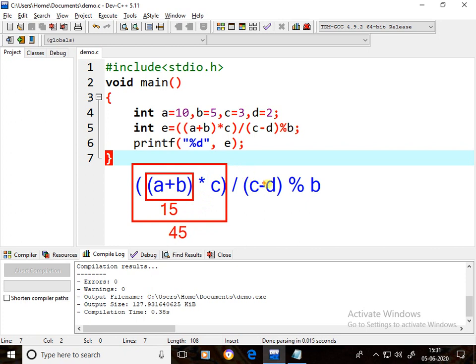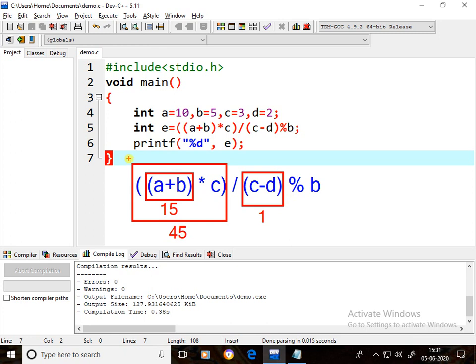Next, c minus d, first brackets. C value 3, d value 2. 3 minus 2 is 1. Now, division and modulo division both have equal priority, so left to right.